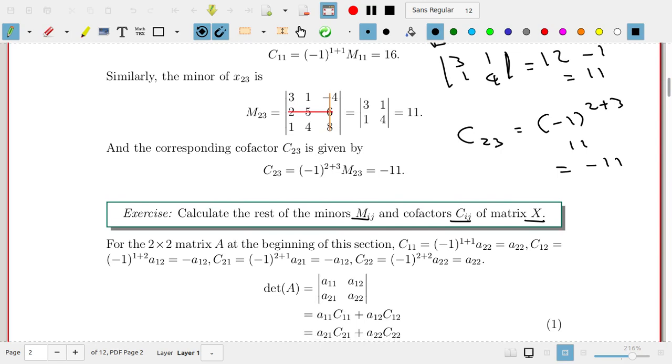So the exercises are in bottle green. You should do this. In fact, you must do this. You have to do this. All the exercises are important.